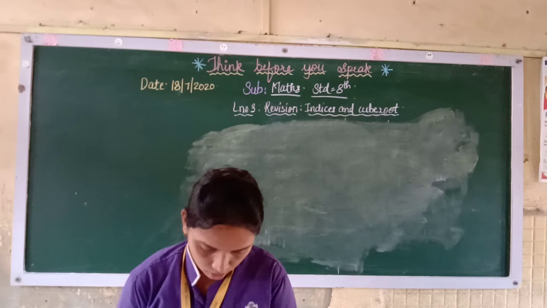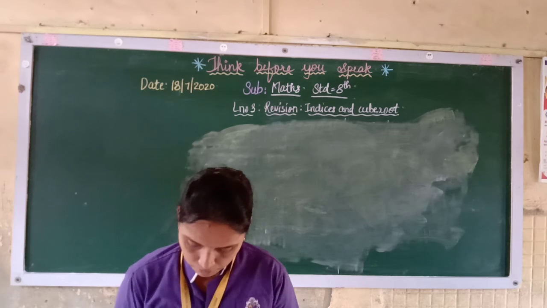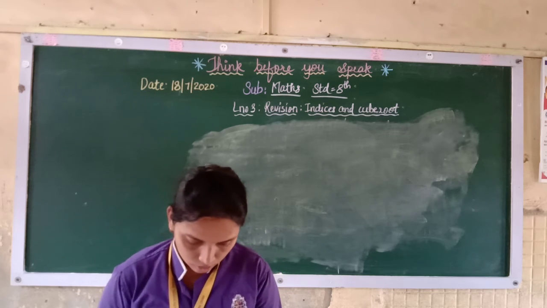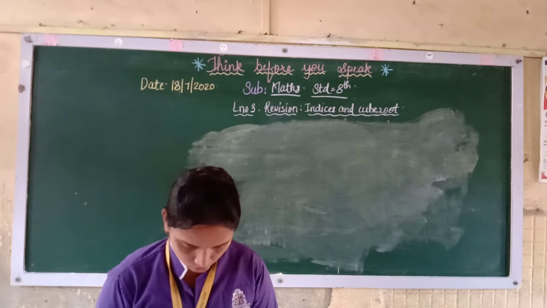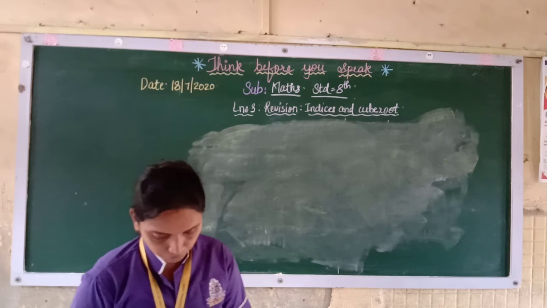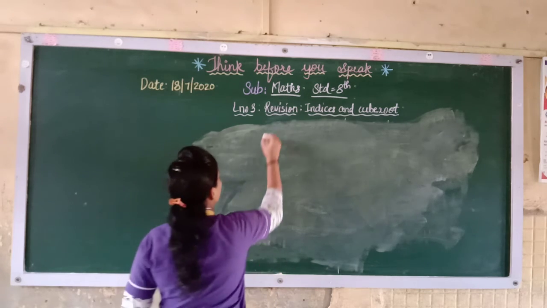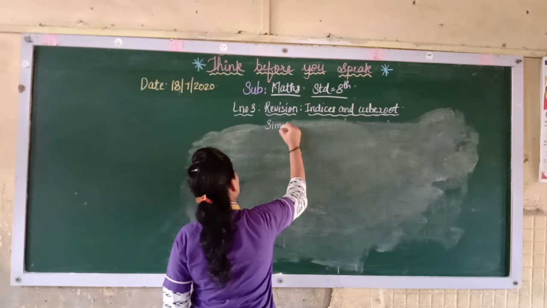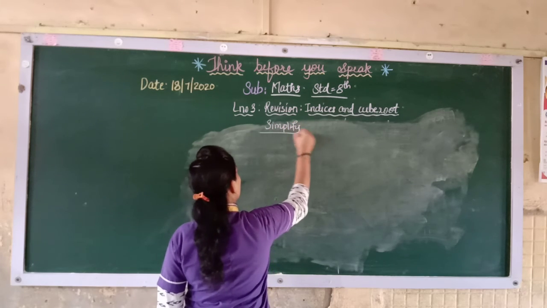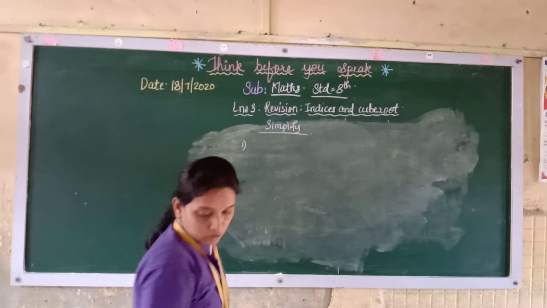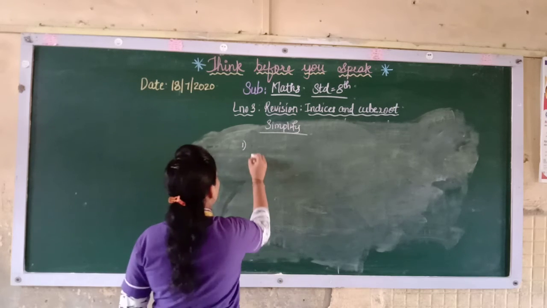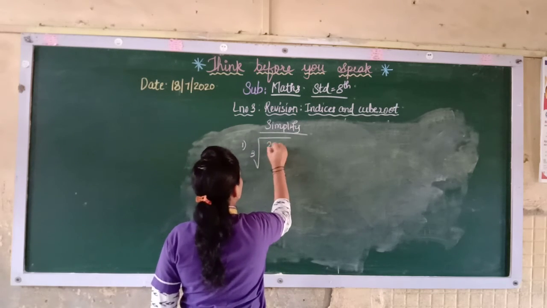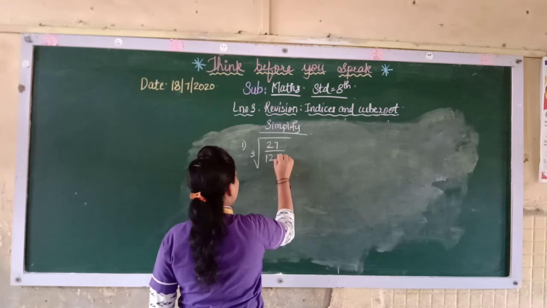Now we will see the simplified type of sums. It is the cube root of 27 upon 125.